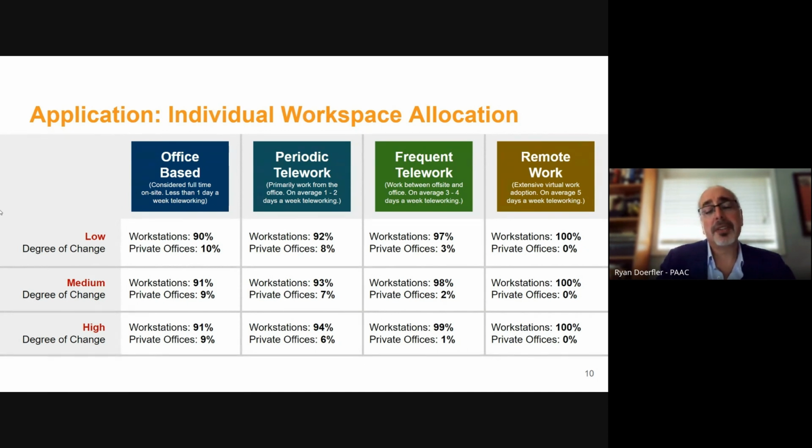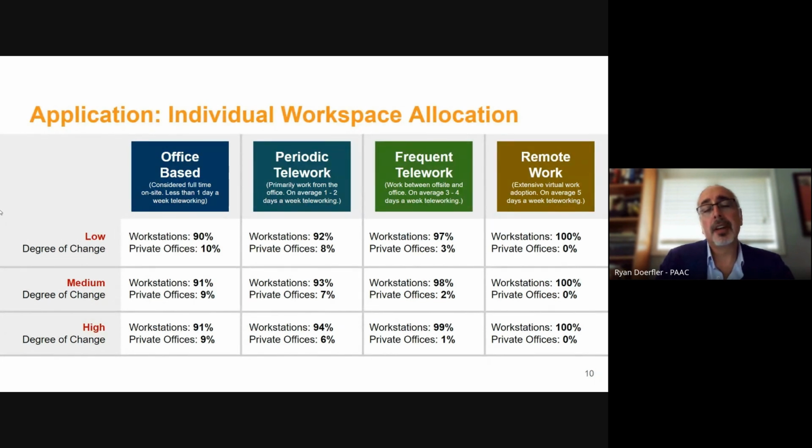This is just meant to give you a sense of the complexity of the tool that's built in, both with respect to taking the hybrid continuum and also taking into account the degree of change that an organization may want to undertake for that particular project, as well as what types of lookup values are used in that particular instance.